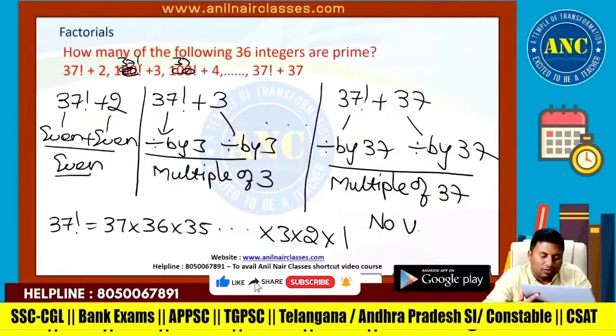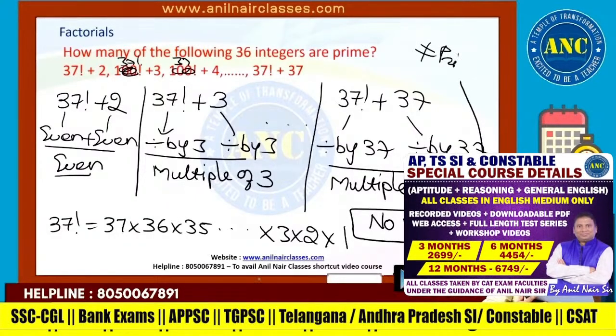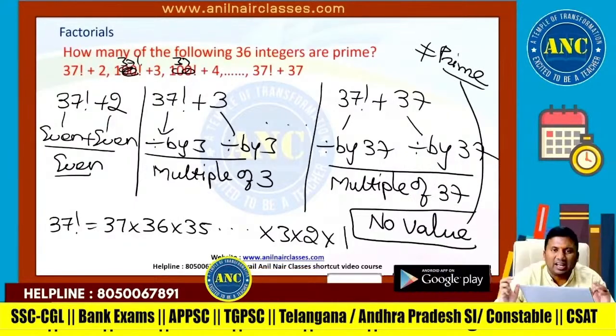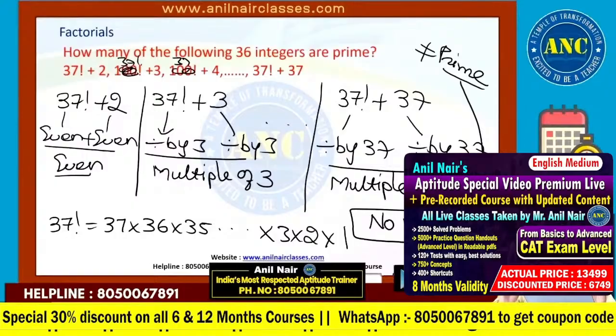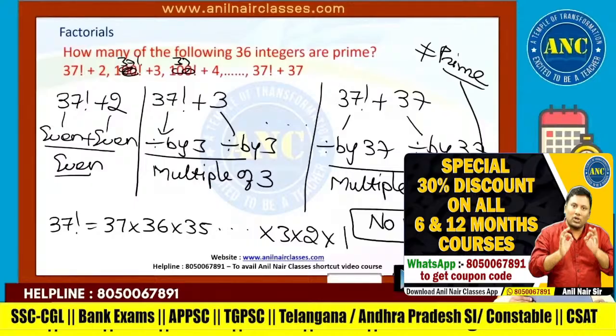Answer is no value. All the 36 integers, no value is a prime number. All the 36 numbers are composite numbers. I hope the idea is clear. Very, very good question which tells us the definition of a prime number. What happens if you add two numbers which are divisible by a particular number?